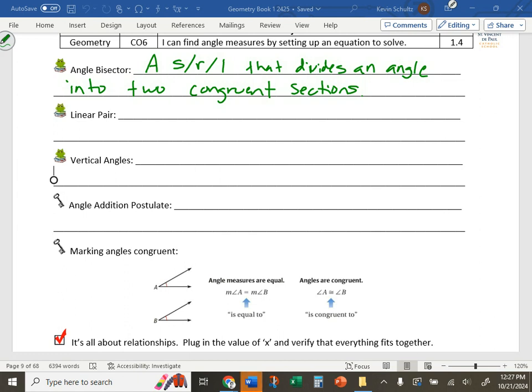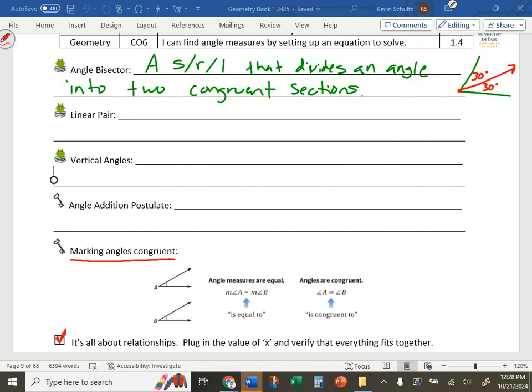For example, if I had an angle that looks like this, and an angle bisector coming from the vertex out, probably looks like that. Okay? If this section of the angle is 30 degrees and this is 30 degrees there, I could show it's an angle bisector by putting in the actual measurements, and 30 is the same as 30. Or marking angles congruent a little bit further down the page here. An arc in the vertex of an angle tells you it's congruent to another angle of that same arc.